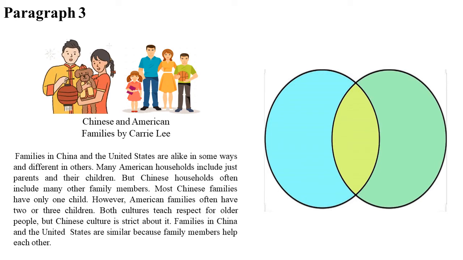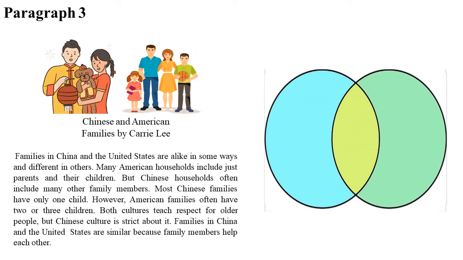Chinese and American Families by Carrie Lee. Families in China and the United States are alike in some ways and different in others. Many American households include just parents and their children. But Chinese households often include many other family members.